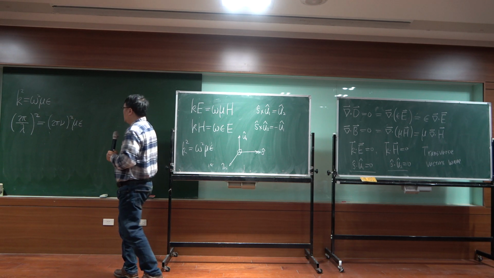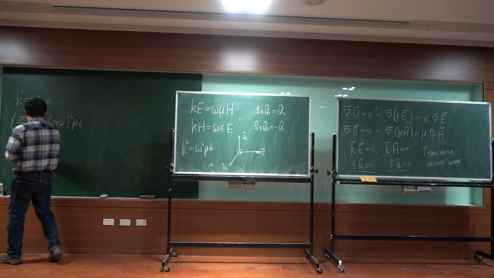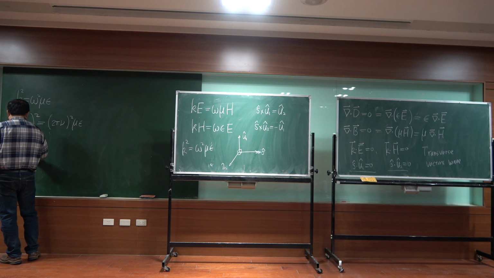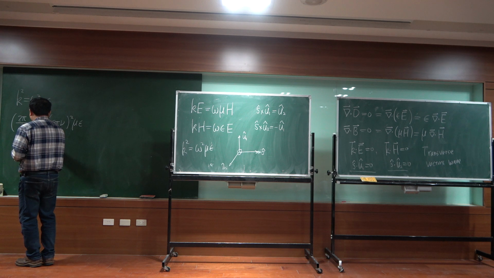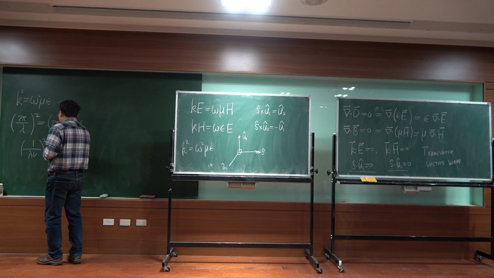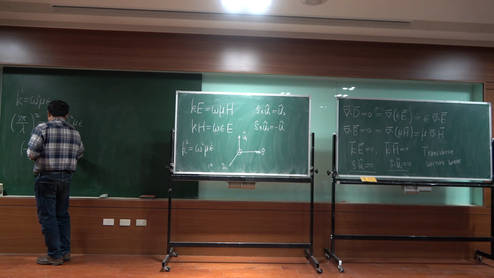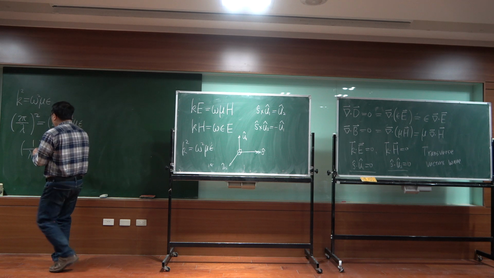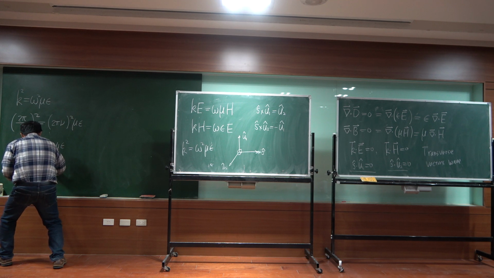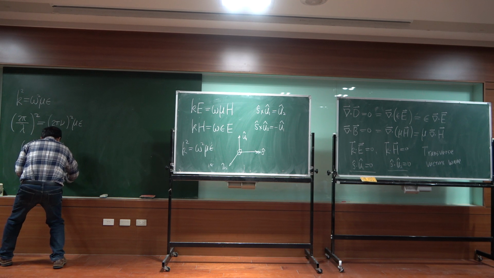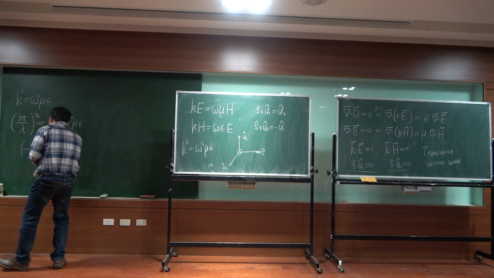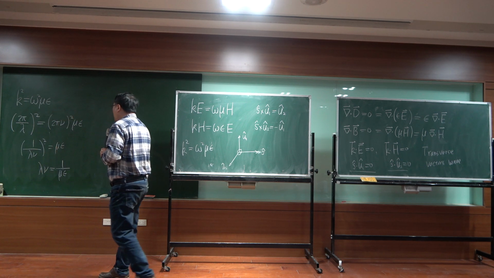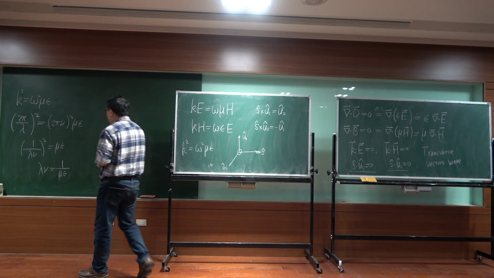Okay. So from this we have lambda nu squared equal to 1 over mu epsilon. So we have lambda nu equal to 1 over square root of mu epsilon. But what is lambda nu?